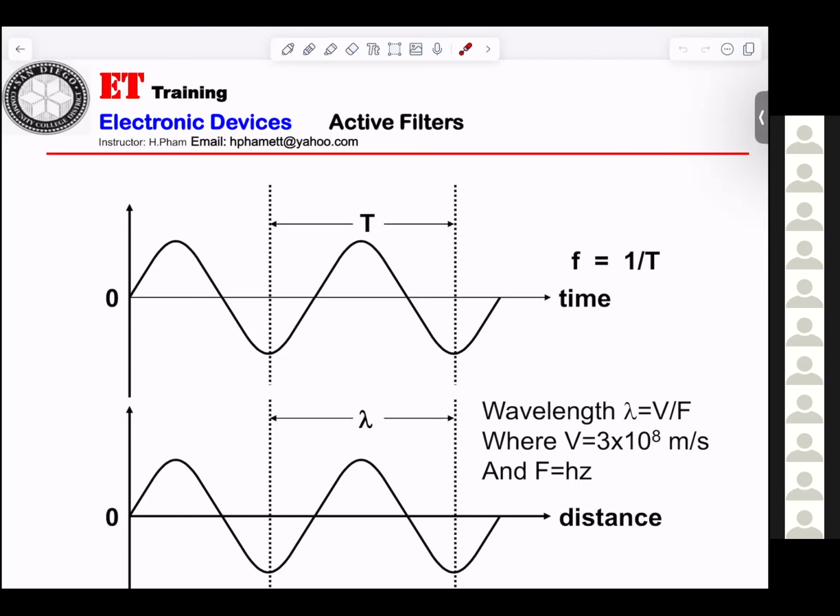Only thing you can measure will be the period. And after the period, you're using the formula F equals 1 over T to get the frequency. The frequency will be measured directly from the frequency domain, not time.